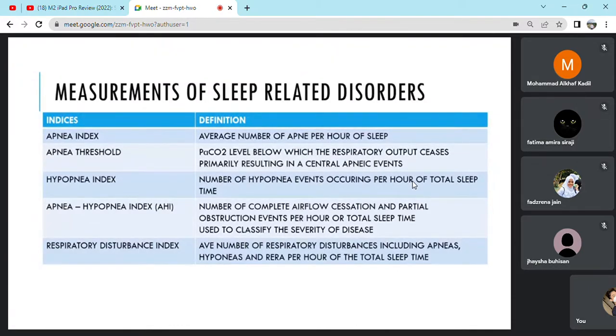And then your respiratory disturbance index, on the other hand, is the average number of respiratory disturbances that includes now your apneas, hypopneas, RERAs per hour of your total sleep time. So, ibig sabihin nun, a combination of your apnea, hypopnea, and RERAs during your total recorded sleep time is what you call as your respiratory disturbance index.